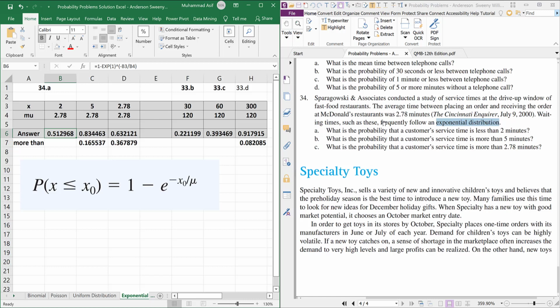The next part is: what's the probability that a customer service time is more than 5 minutes? For this one, we can use the same formula, and this formula will give us less than 5 minutes, and then we can subtract that from 1.